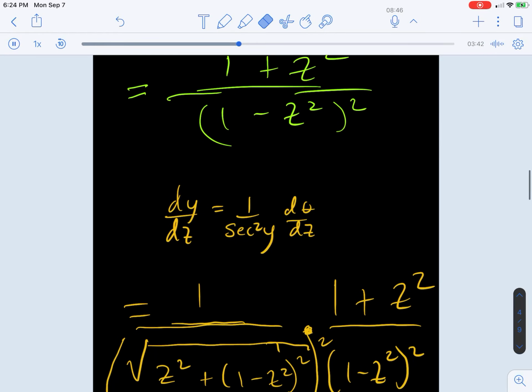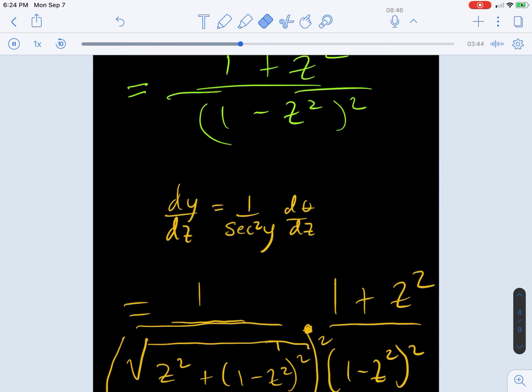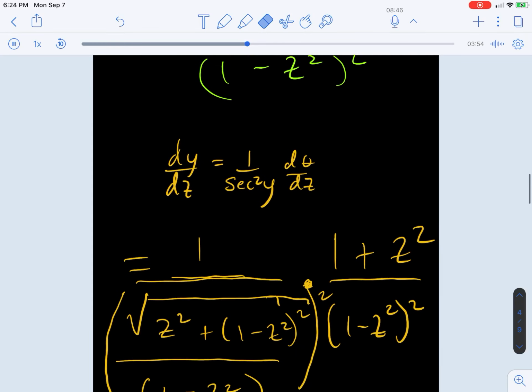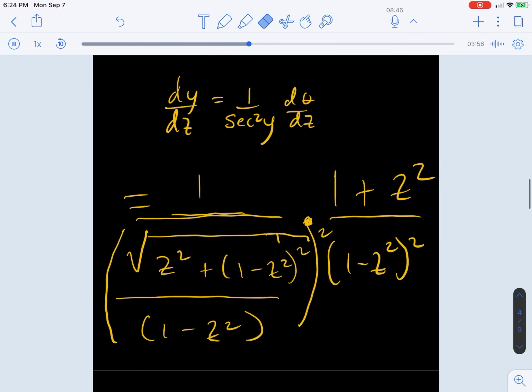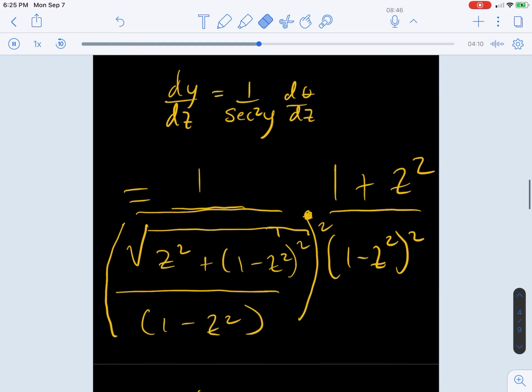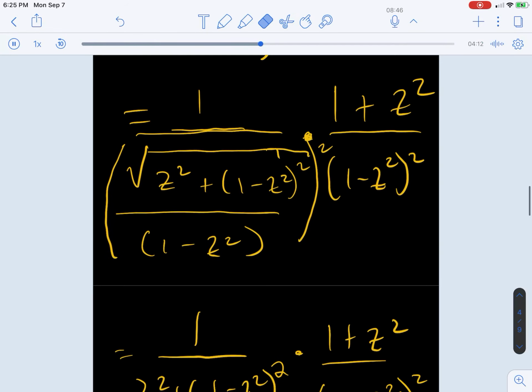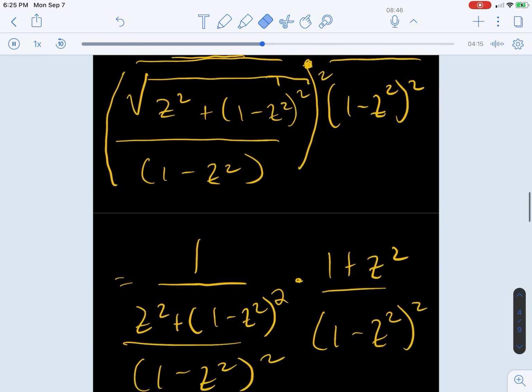Now let's return back to our problem. dy dz equals 1 over secant squared y times d theta dz. This is where I get my relationship from the triangle, because secant y was the square root of z squared plus (1 minus z squared) to the power of 2, all under the square root, divided by 1 minus z squared.